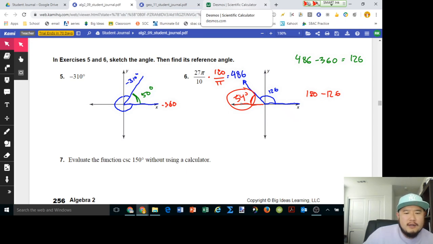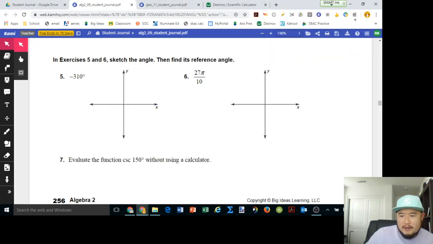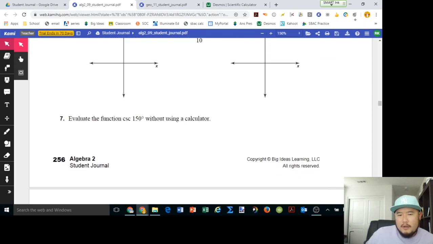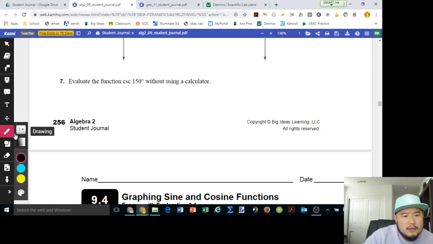All right, let's take a look and let's see how we could evaluate number 7 without using a calculator. In order to do that, we need to start off with, let's go ahead and I'll make myself an axis right here.